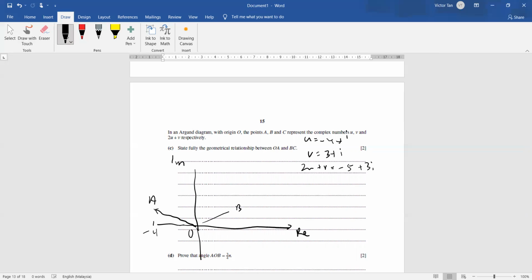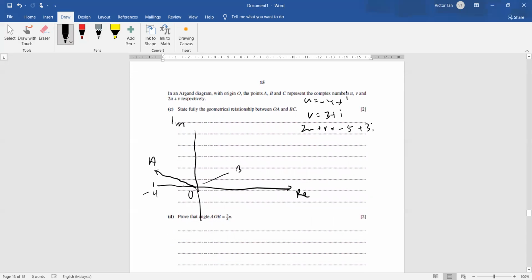B is minus 5 plus 3I, 2U plus V, it's somewhere here. C. O, A, and B, C.